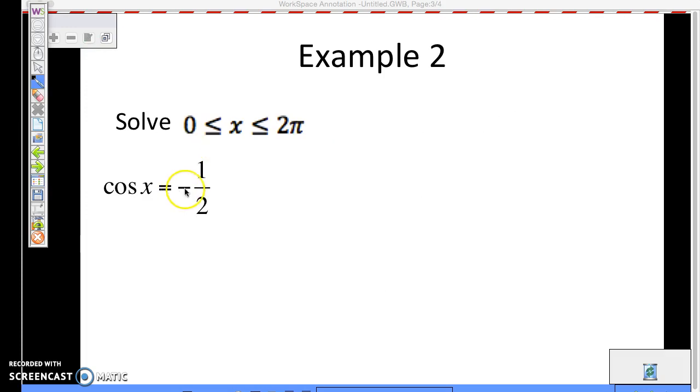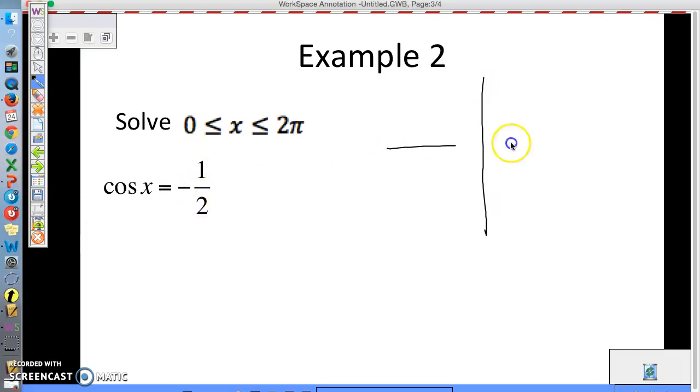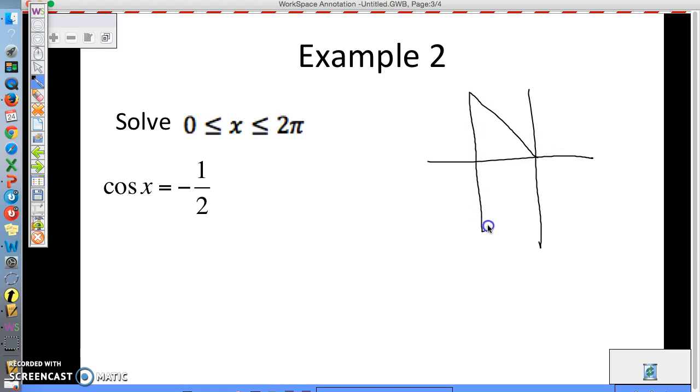So how does this one differ? Our cosine is negative 1/2. Well, cosine, so that means our x value is negative 1/2. So we have two triangles where this would be negative 1/2. Those are our right angles.